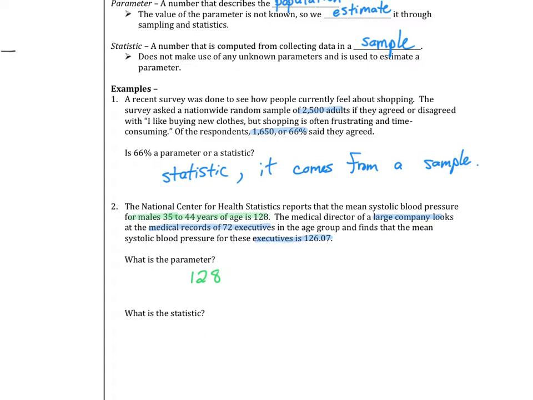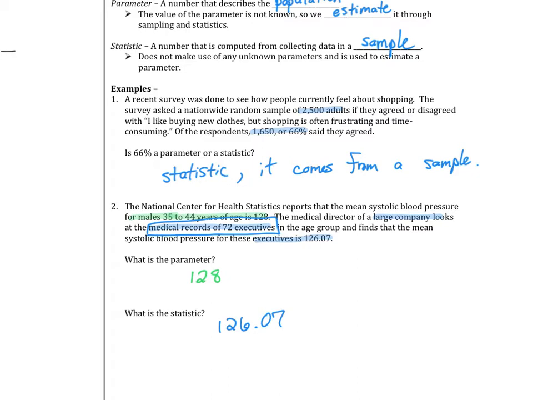Now, when we look at it within this company in the blue, that's called a statistic, the 126.07, because that comes from the 72 executives that are male that are 35 to 44. So this company looked at their males 35 to 44 years old, and they wanted to see how they compare to what's in the green.